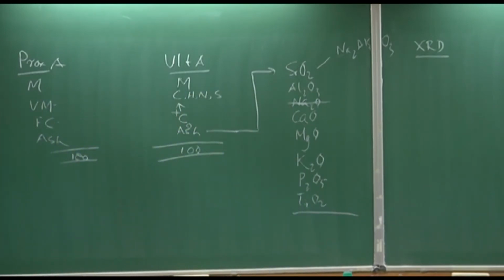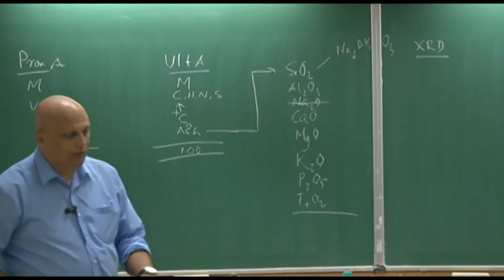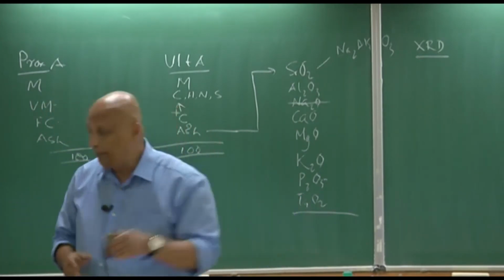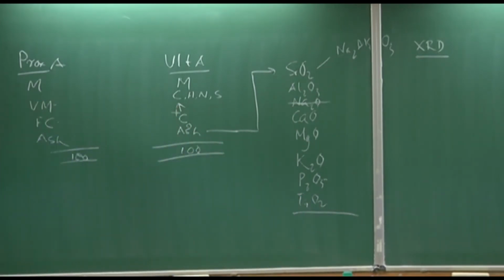Depending on the coal type, you may or may not need to go to that sort of temperature, and therefore how many volatiles are released will be affected, and that will affect this step in here.